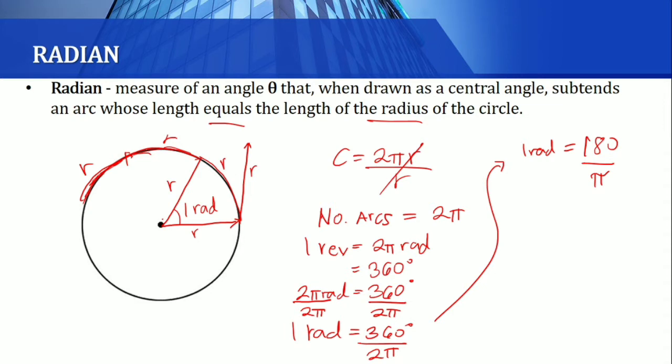So, meron tayong formula to get an angle. If we have a radius ulit dito, and dito, this is radius, this is radius. So, example, hindi natin alam yung length ng arc. So, yung length ng arc, that is S, or yung segment, and we call this theta.